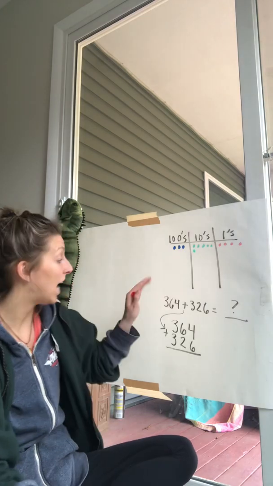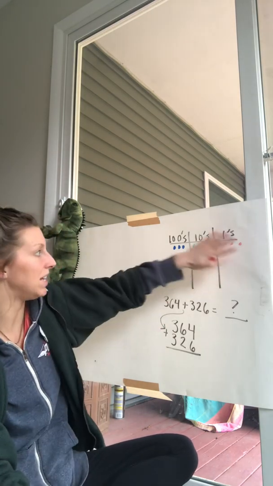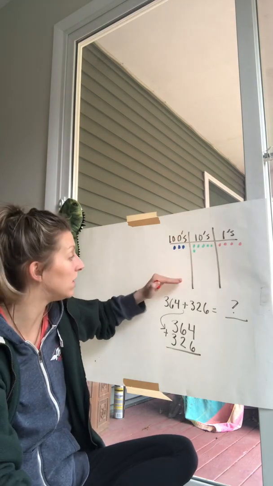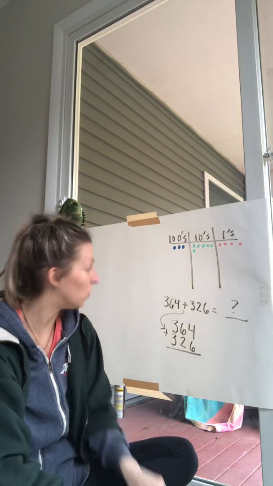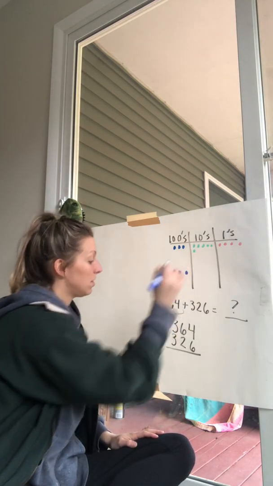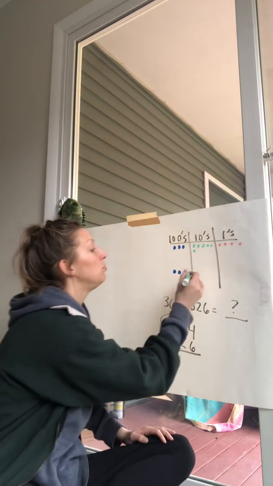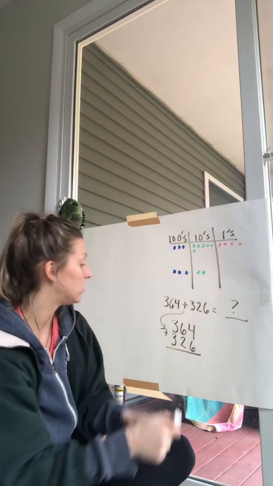Okay, so we have 364. Now since we're adding, we're not going to be taking anything away. We're just going to put that 326 underneath. So I would put 3 more hundreds at the bottom, 2 more tens, and 6 ones.